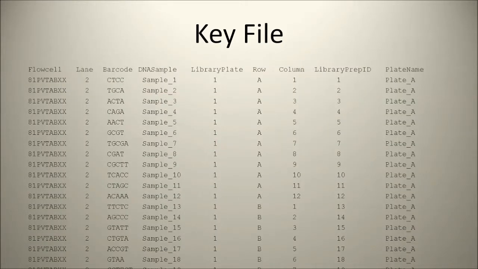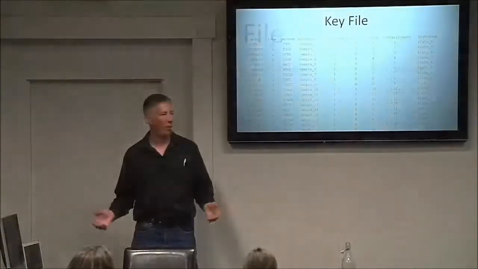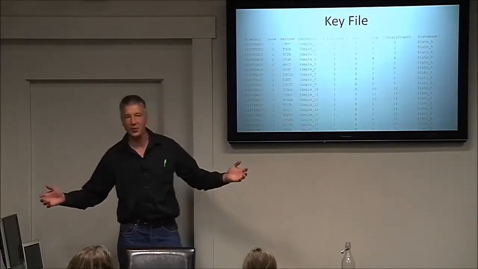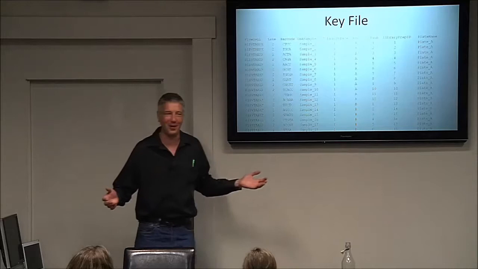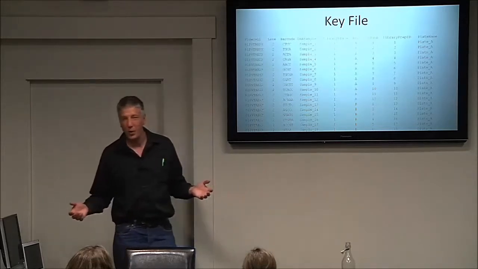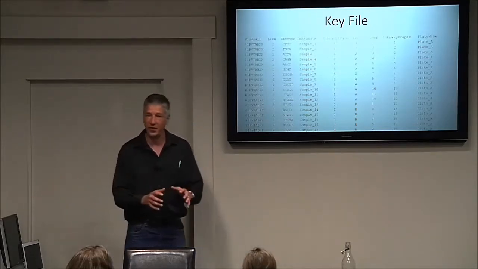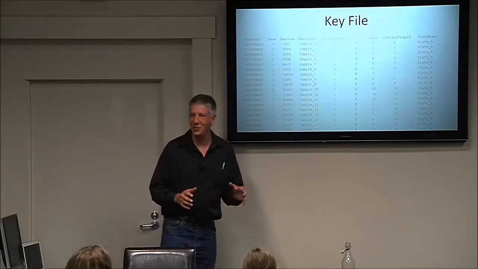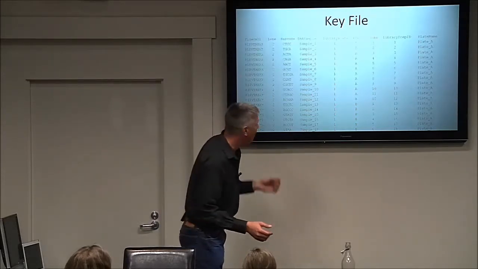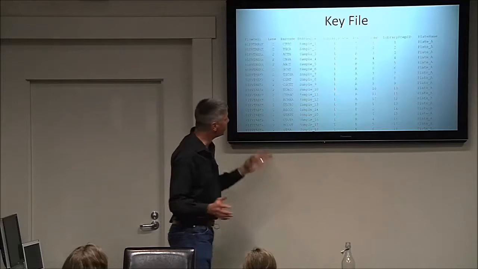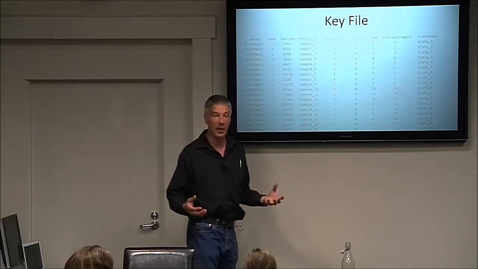Okay, a key file. Remember we told you that we have 96 or 384 barcodes, but we've done 50,000 samples. Well, how does that work, right? And we also told you that we typically analyze all this stuff together. Well, how do you do that and not get everything confused? Well, there's a few pieces of information that taken together make it unique.